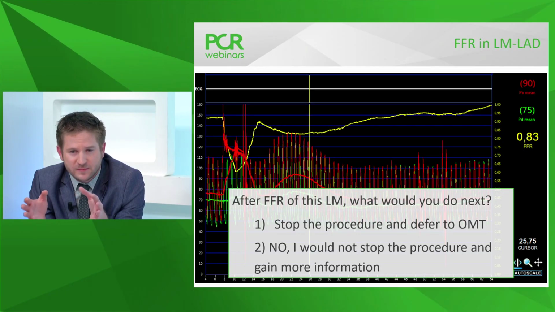I'm convinced that once you measured FFR in circ and LAD, both above the 0.80 cutoff, it's confirmed that this left main is not inducing any hyperemia in this very case.